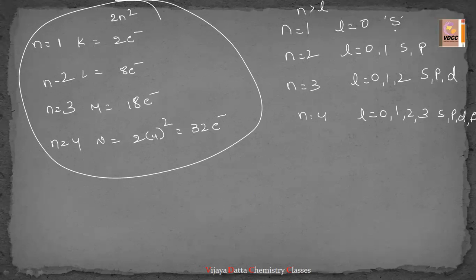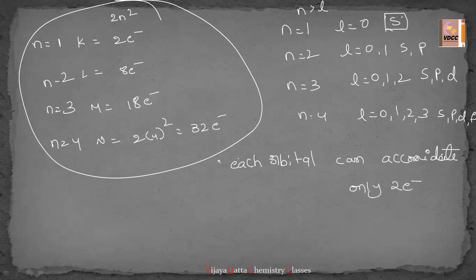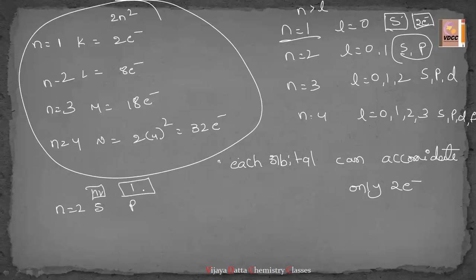Here I want to tell you one thing. See, each orbital can accommodate only 2 electrons, isn't it? That's why when n equals 1, it has only one orbital, so it has 2 electrons. Whereas for n equals 2, it has s and p. S has only 2 electrons, whereas p has degenerate orbitals like px, py, pz.